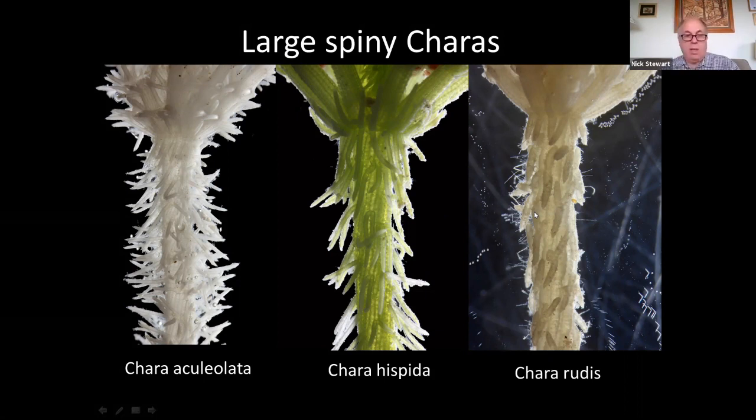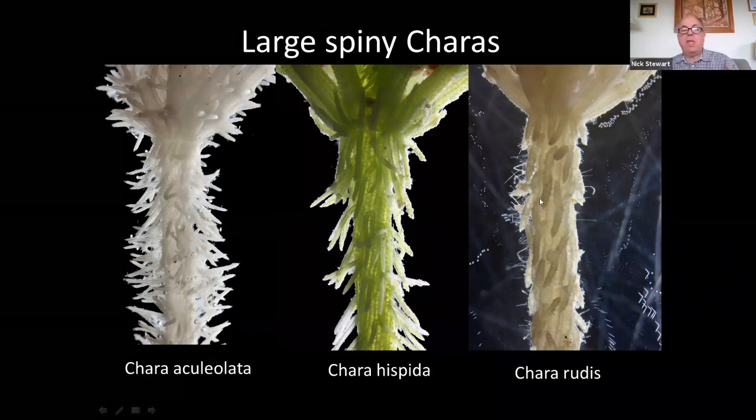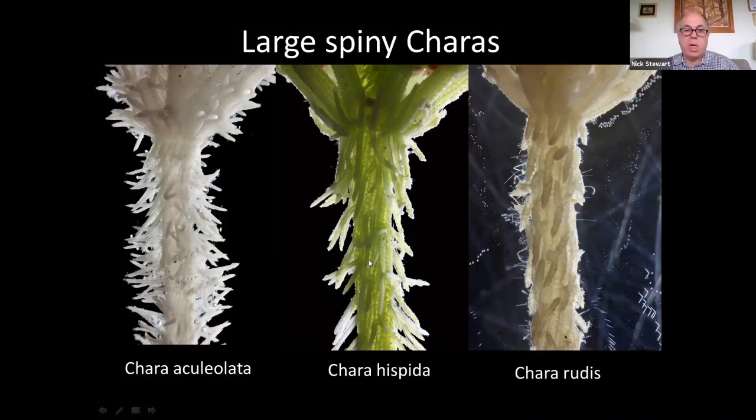So they're big anyway, so these features are quite easy to see. We're talking about this being a couple of millimeters in diameter across the stem, which is quite a good judge of stature, is the actual stem diameter. Whereas in the next group, these are much more slender species.